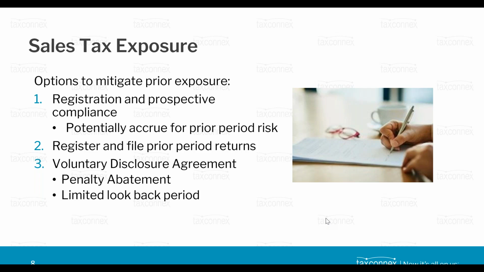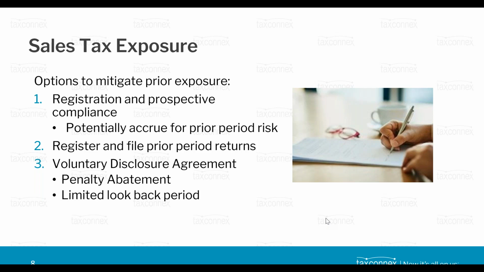But if I've got 6 or more months' worth of prior period activities I've got to disclose and I have to mitigate, I'm probably going to go down the voluntary disclosure path. Now, another factor in this voluntary disclosure agreement option is that you can't have been notified or contacted by the state in relation to this tax type.